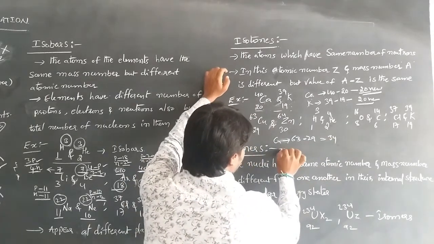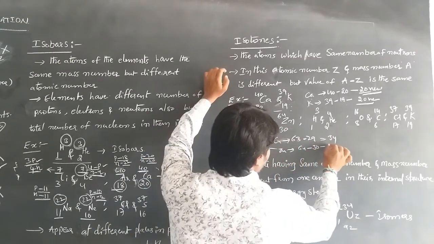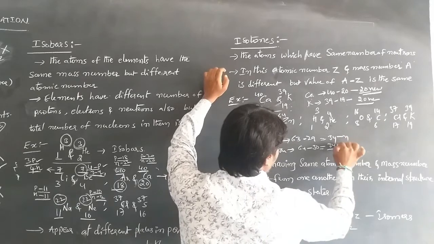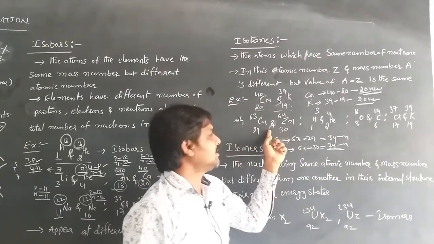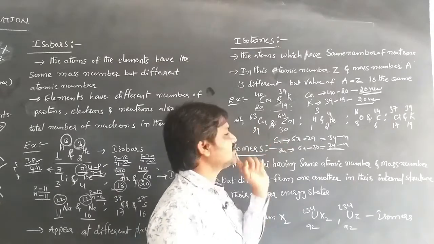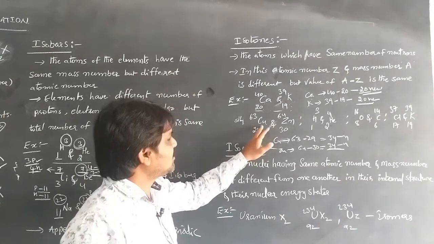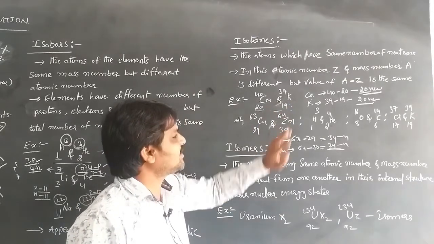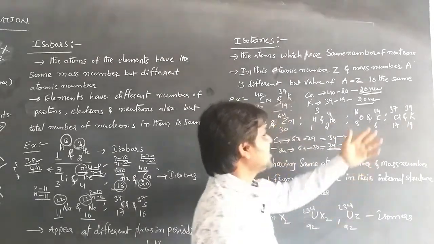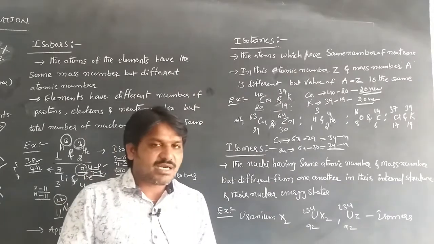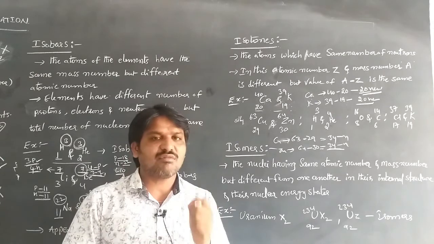Next, if we take zinc, 64 minus 30 is also 34. So the number of neutrons present inside the nuclei is the same in both copper and zinc, but they have different atomic numbers and different atomic mass numbers. Likewise calcium and potassium, hydrogen and helium, oxygen, chlorine and potassium have different atomic numbers and mass numbers but the same number of neutrons.